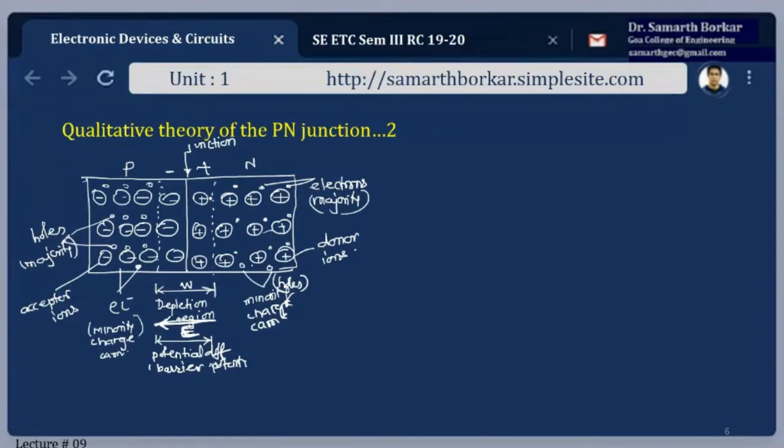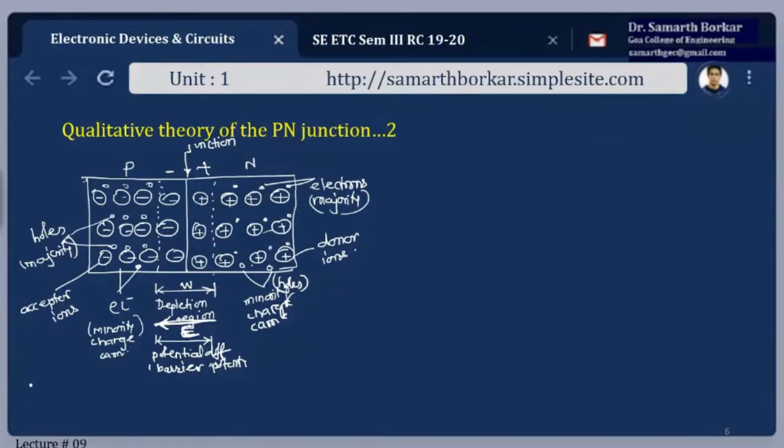Now, additional holes trying to diffuse into the N region are repelled by the positive charge of the donor ion here, and the electrons which try to diffuse into the P region are repelled by the negative charges on the acceptor ions. As a result, total recombination of electrons and holes cannot occur.